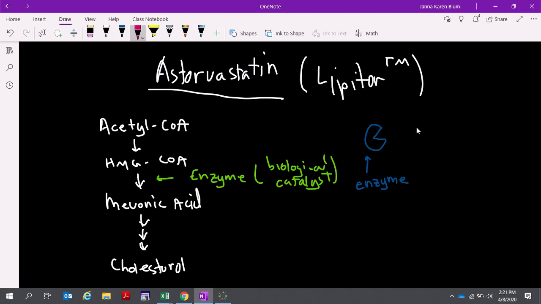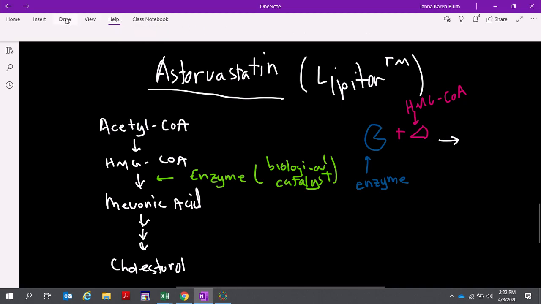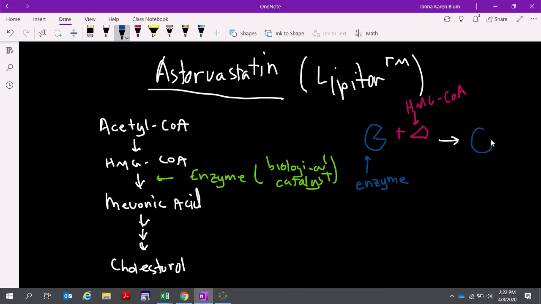So let's say HMG-CoA, make him pink. Looks like a nice little pizza pie here. So this is my HMG-CoA. And normally what happens is the enzyme will bind. A little Pac-Man thing. He'll bind.